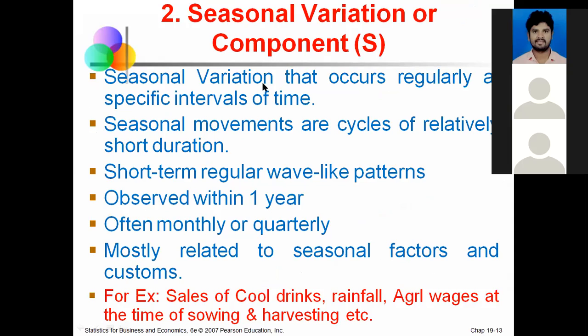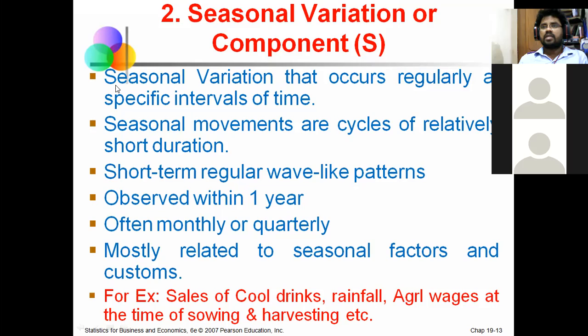Generally, when we are interested in purchasing some commodities, it is season wise. For example, there is a good demand for seasonal fruits; that is a seasonal variation. Each and every time the crop cannot give the fruits, so during the season only, there is a good demand, good sale and more sales.